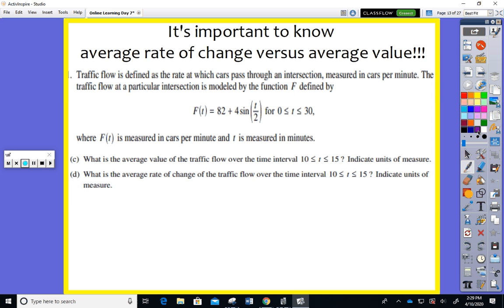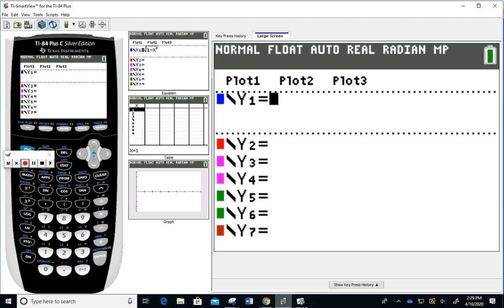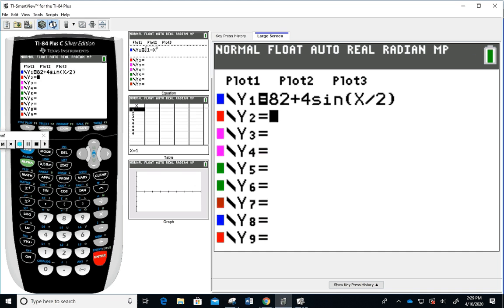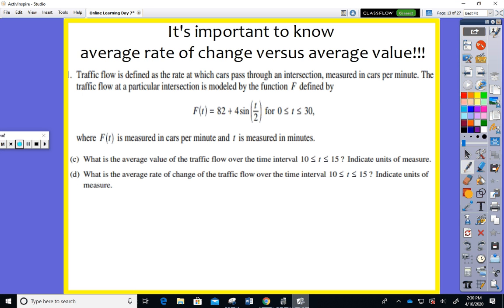And I've got the interval 0 to 30. So let's see here. On my graphing calculator, y sub 1 will be 82 plus 4 sine. Double check, make sure your calculator's in radian mode. And t over 2 is just x over 2 because your calculator doesn't know if it's a t or an x, so don't worry about that. Okay? If we need to graph, then I'll put in the 0 and 30 as my x min and x max. That may not be an issue, so I'm not going to overdo anything yet.